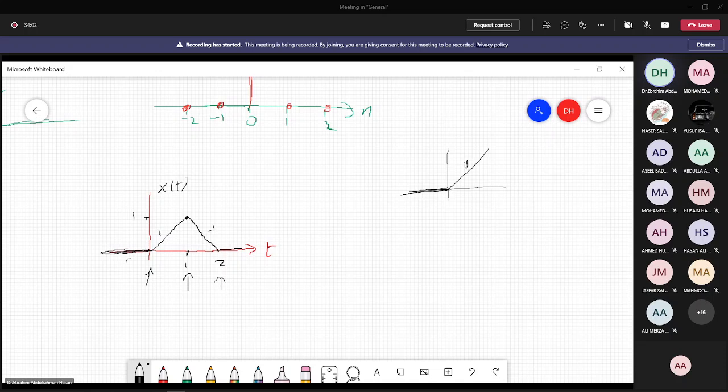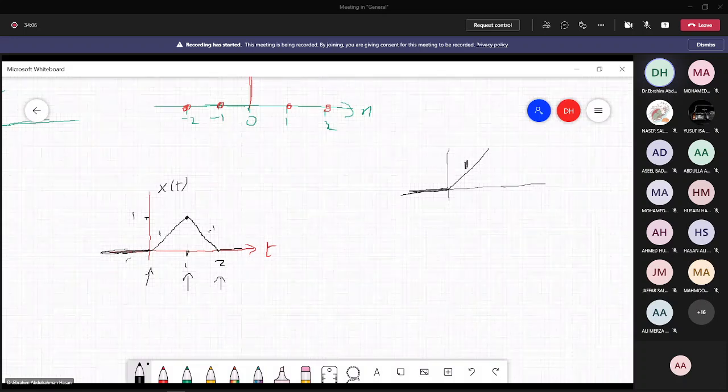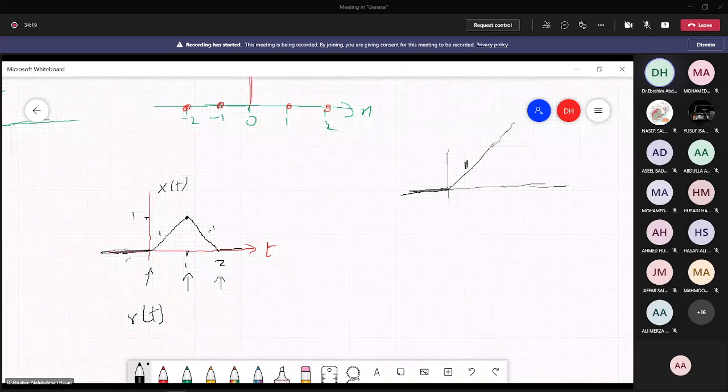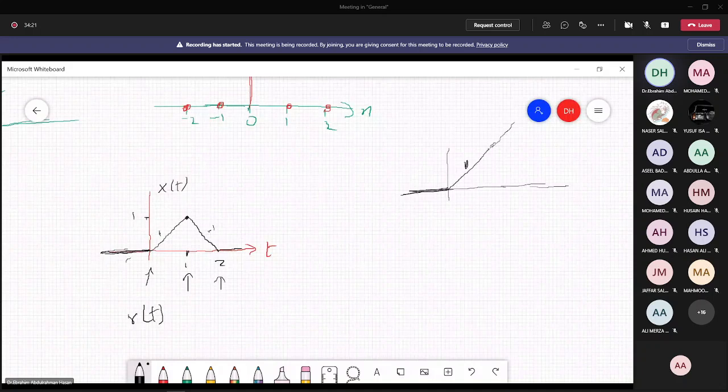So without adding anything here, the first one becomes only r of t. If you leave it as it is, it is going to continue until infinity. But at 1, I want to change the slope from 1 to another slope.